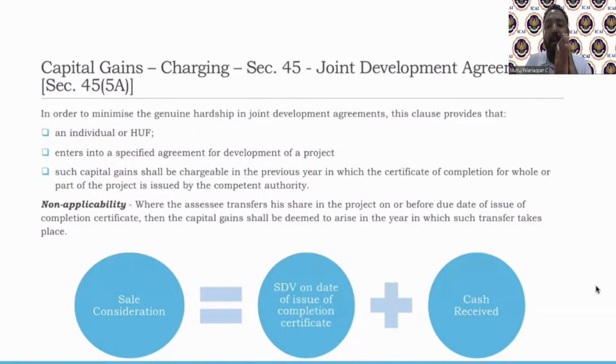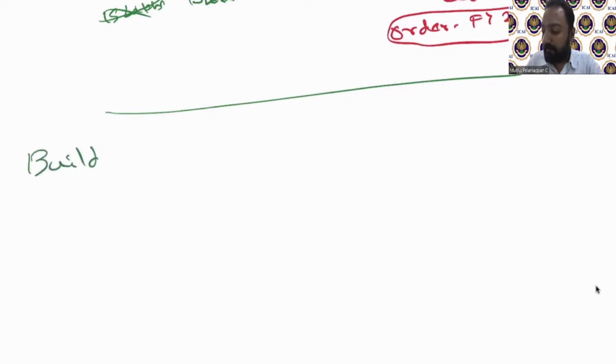Generally, a part performance contract is, now I give the right, I have a building. We'll take an example. I have a property, and I'll write it as a building itself. So I have a building of, let's say, 2,400 square feet.